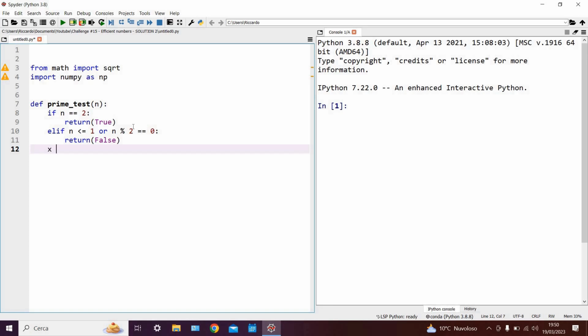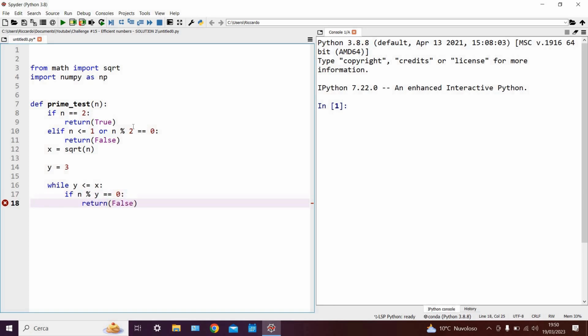So we can write x equals sqrt of n, then y equals 3, and then we can say while y is smaller or equal to x, then if n modulus y is equal to 0, return false, and then we have y plus equals 2, and finally outside of our while loop we have return true.